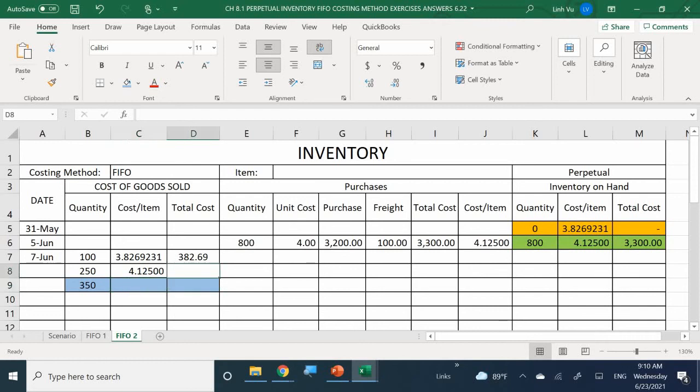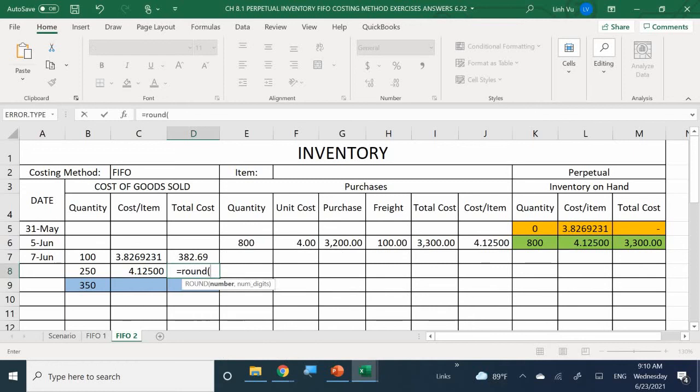So in this case, I'm going to do my formula for the equal sum, because I'm not taking the whole entire batch. I'm only taking 250 of them. So therefore, I need to calculate what each item is going to cost me. Each item is going to cost me 4 dollars and 12 and a half cents.